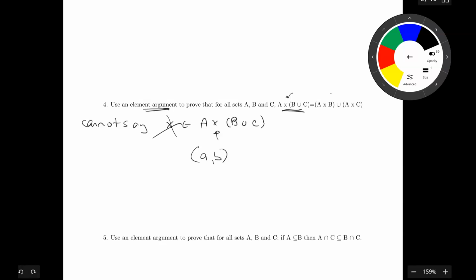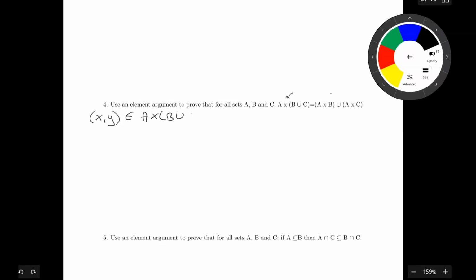So if I've got Cartesian coordinates, an ordered pair, I have to say there's an x comma y that's in A cross B union C. What does that mean? That means x is an element of A and y is an element of B union C. So y is in B or y is in C.